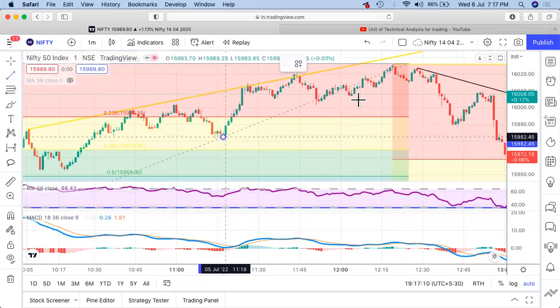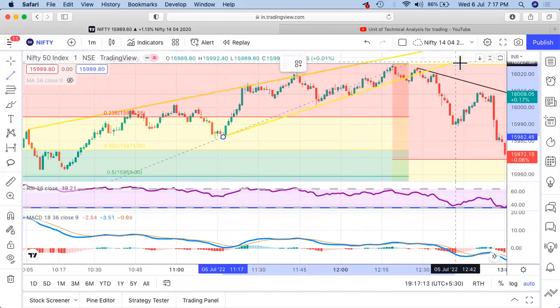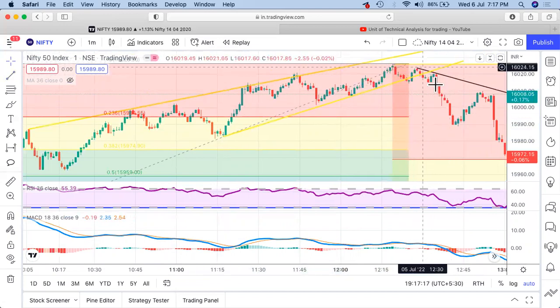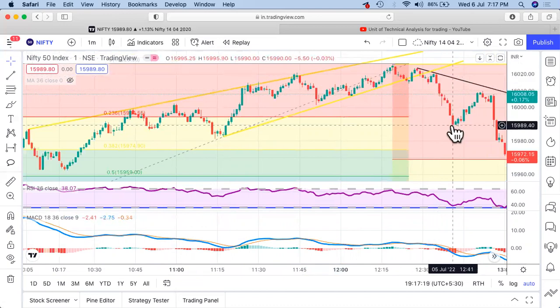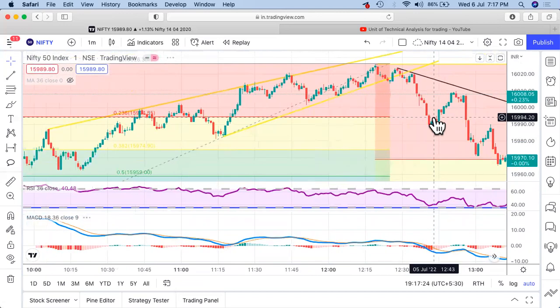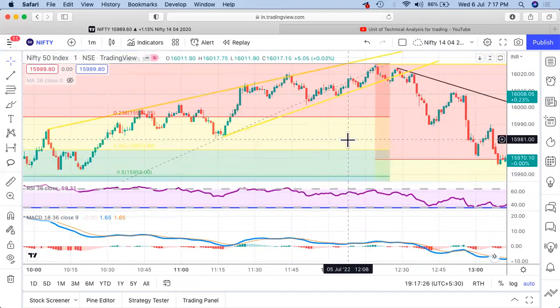Right. If you see here, there are generally breakout candles that you see. The price drastically starts moving down. So this generally does happen. You need to only keep a look at all these things together.